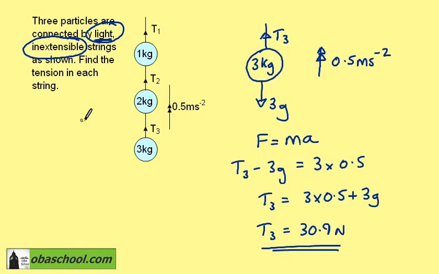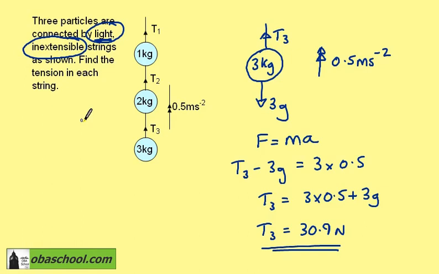These strings, being inextensible, remain the same length all of the time, and this means that our three objects accelerate upwards at the same rate, and not only that, at any time they will be travelling with the same speed.